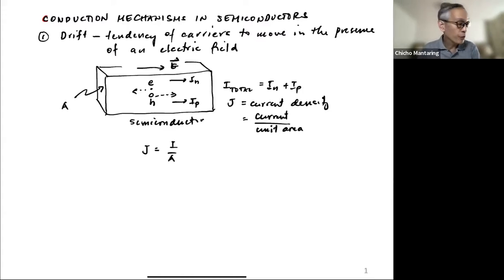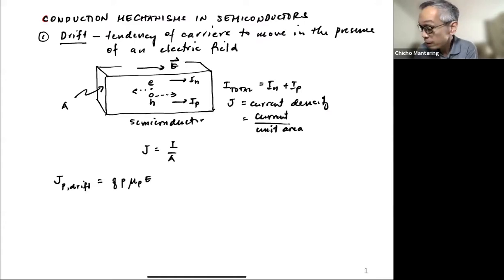And then we showed that for drift, J_P drift, this is your drift current density due to holes, is equal to q p mu_p times the magnitude of your electric field.